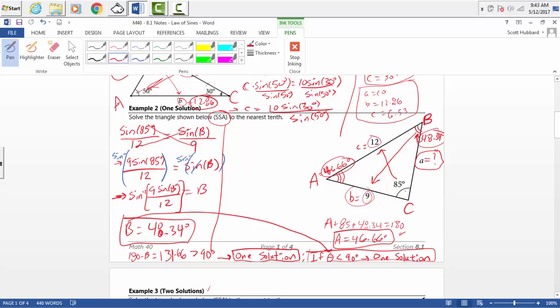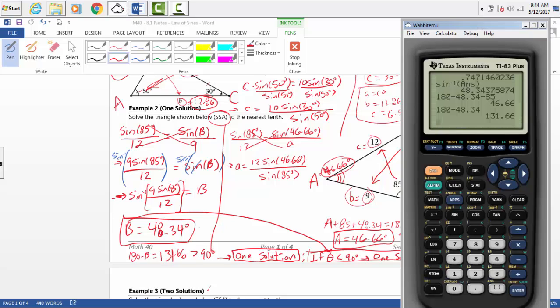All right, so last bit, let's find the last side, A. I know that sine of 85 over 12 is going to have to equal sine of 46.66 over the unknown. And so that tells me, cross multiplying, A is equal to 12 sine 46.66 over sine 85.